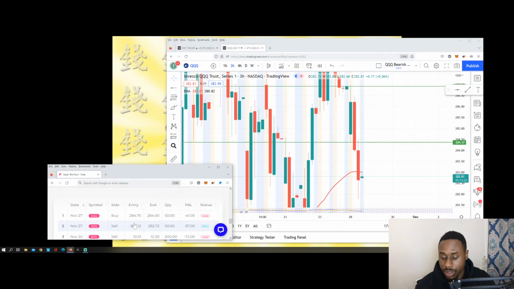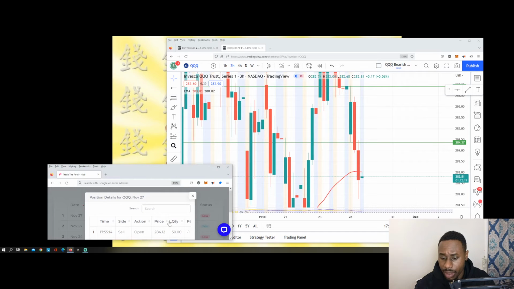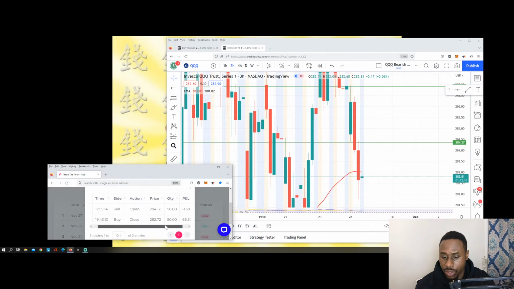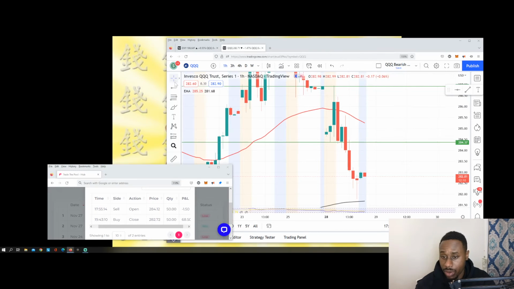Then the second trade was taking it to the sell side, right? I entered at 284.12, and this is at 12:55. That's still on the 12 o'clock candle on the 1 hour, which is this one.